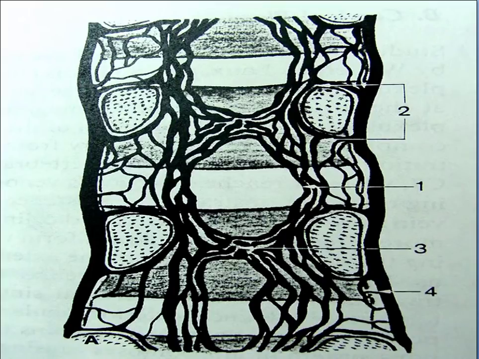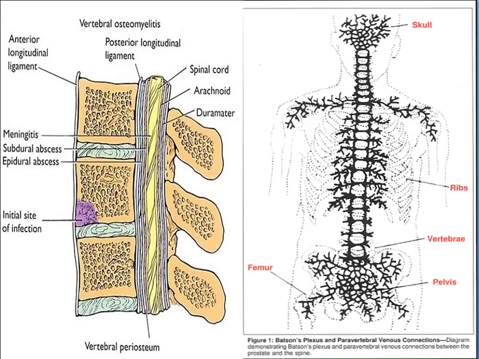So the epidural space, everybody knows, is full of veins behind the vertebral body. And these venous structures also invade the vertebral bodies. And on the right is Batson's plexus, which everybody knows is a big plexus of veins with no valves.